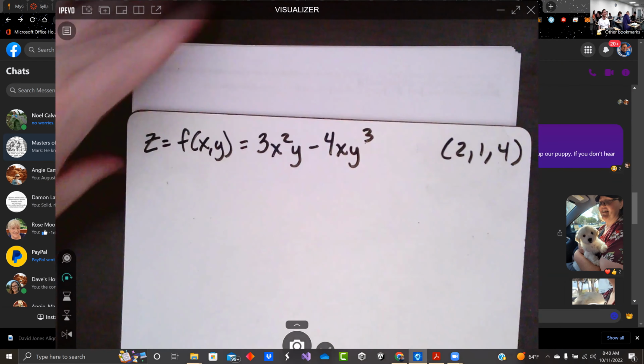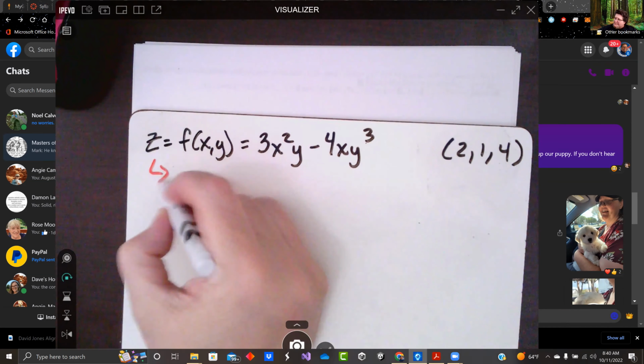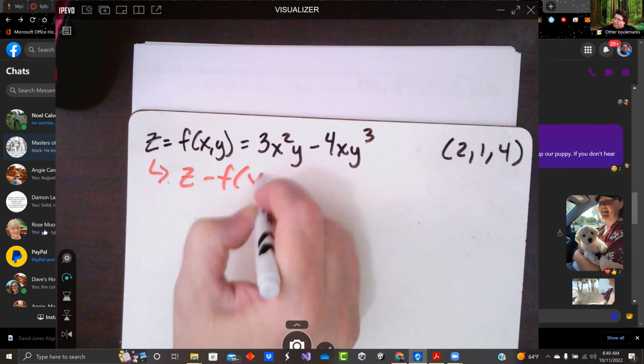So here we've got z as a function of x and y. When you're having something like this and you're trying to switch to level surfaces, you want to rewrite this as z minus f of x, y equals 0.